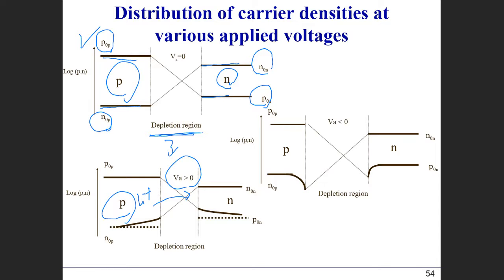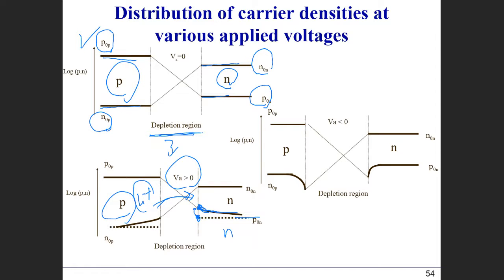Because the hole has moved to the n side through this depletion region, your carrier concentration of the hole is increased at the edge of the depletion region. If we go deep in the semiconductor, that promotes the recombination process, and the concentration goes down, down, down, eventually leading to the thermal equilibrium value.